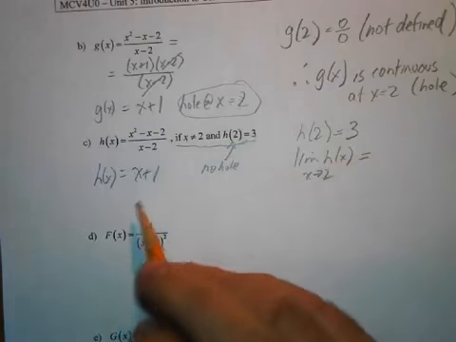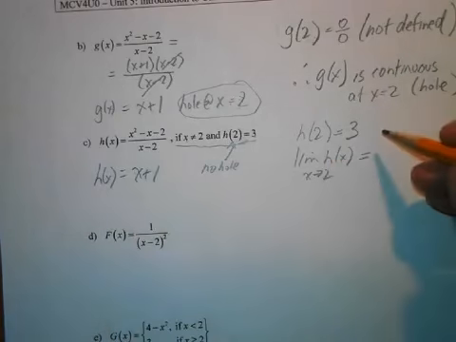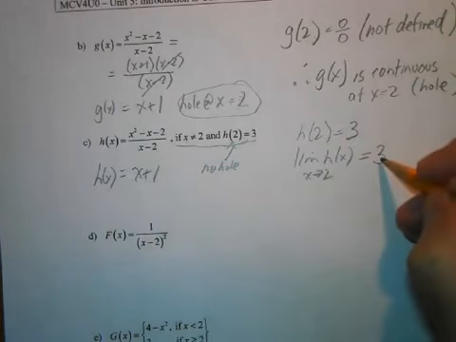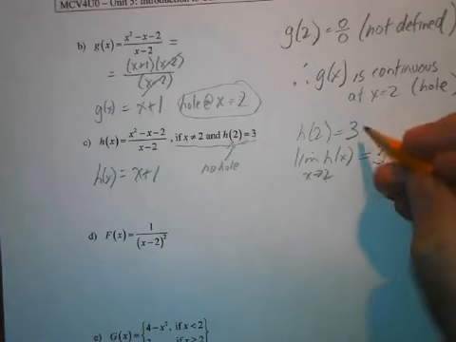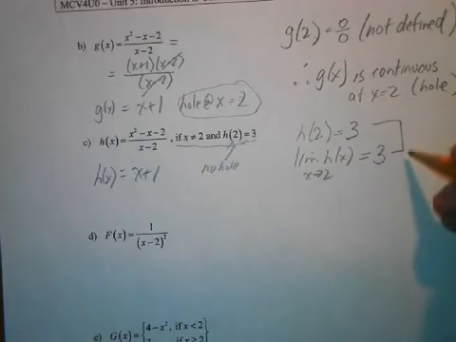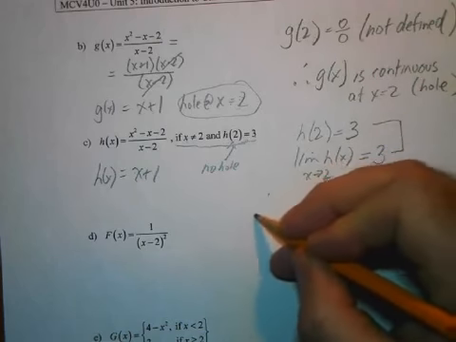So I could just plug it into here. That value is going to be 2 plus 1. That's also equal to 3. So it's approaching 3 at x equals 2, and the value of the function is 3 at x equals 2. So the fact that the limit and the actual value of the function at x equals 2 is the same tells us that h of x is continuous.